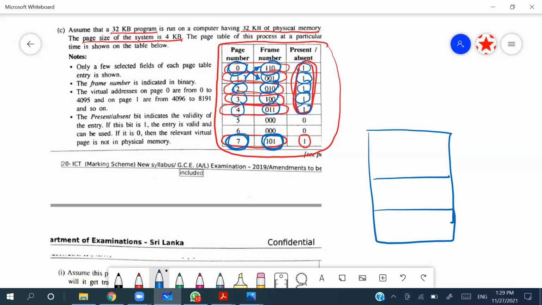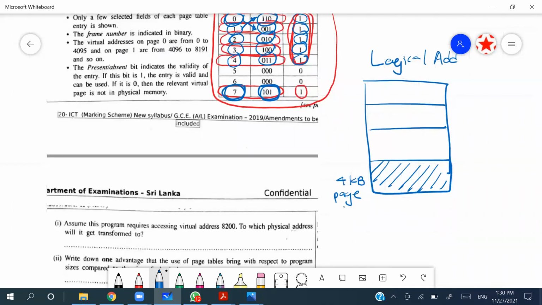We don't know how many pages there are yet, but pages are given for the logical address, and one particular page is as big as 4 KB, 4 kilobytes, right? So if the page size is 4 kilobytes, what is the other detail we know? This is equal to the frame size as well, which is 4 kilobytes.